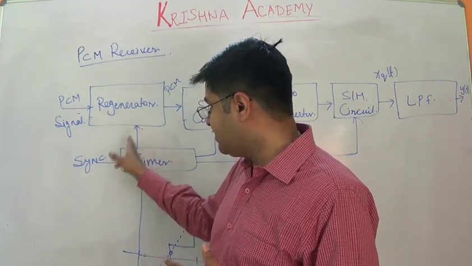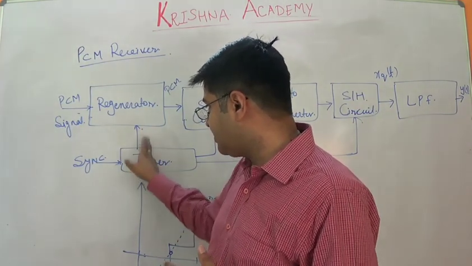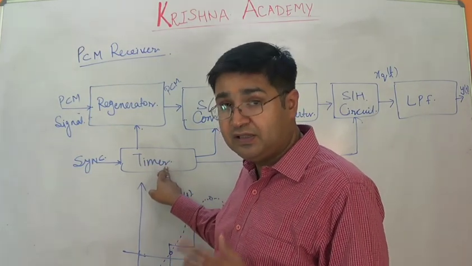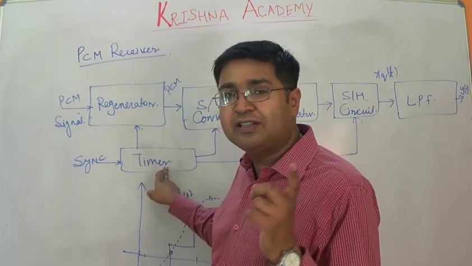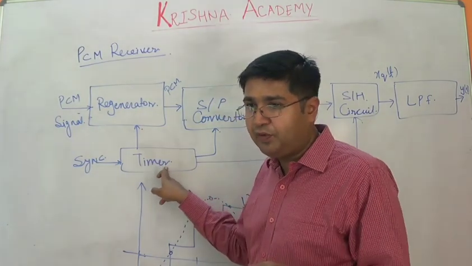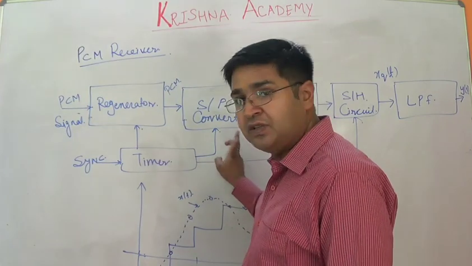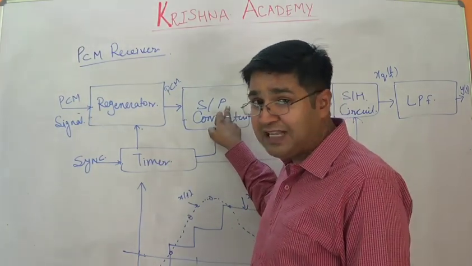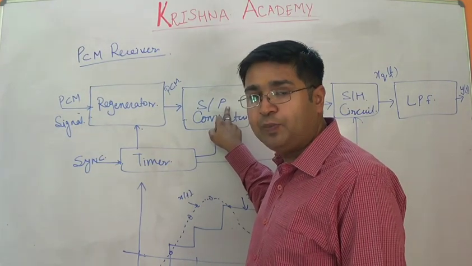With this timer circuit, the time pulse, that is the clock pulse, will be provided to the regenerator and to the SP converter, that is the serial to parallel converter.